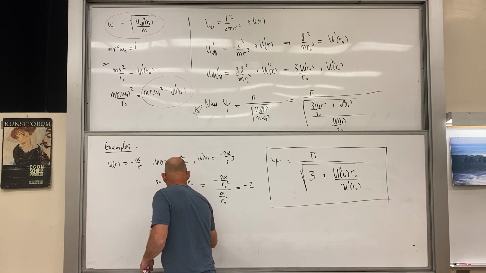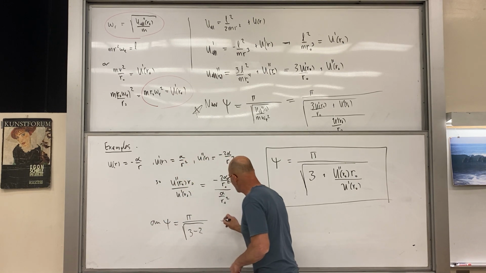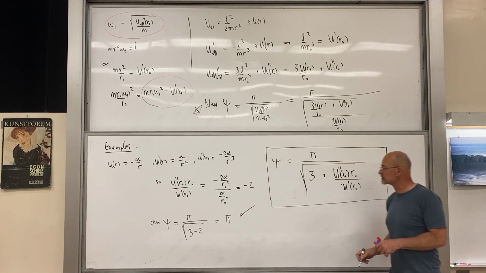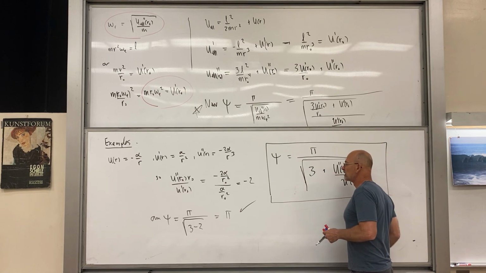And c is equal to pi divided by square root of 3 minus 2 equals pi. So there we go, closed orbit. Let's do another one of these.